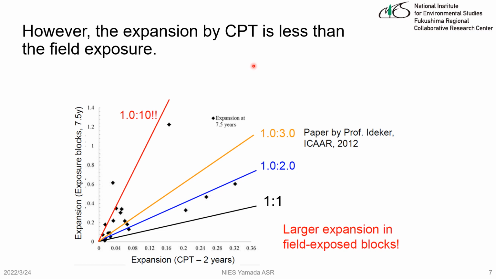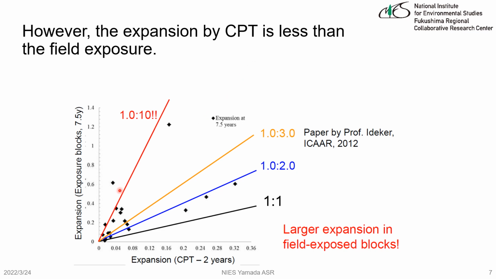However, there is one problem that has been pointed out for a long time. Expansions by CPT carried out in the laboratory are less than the expansion in field exposure, as shown here.